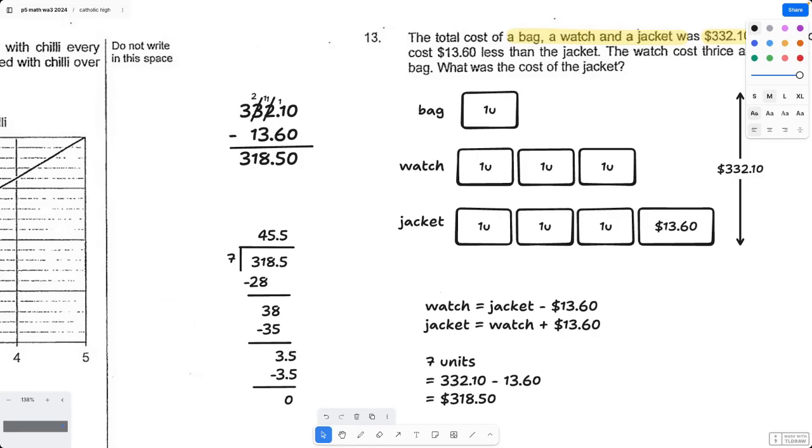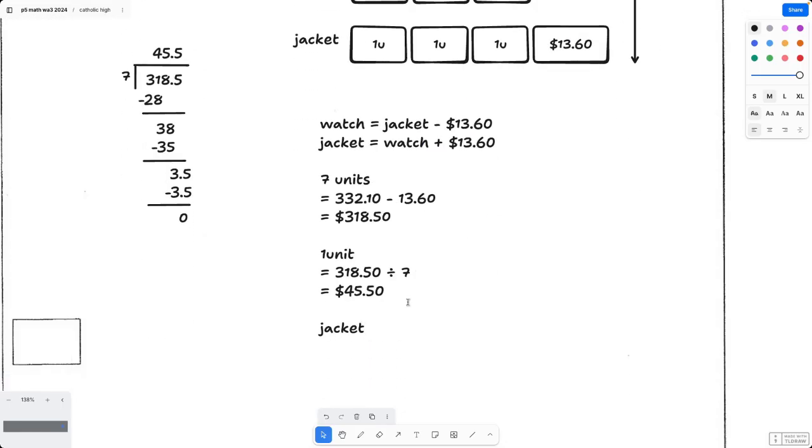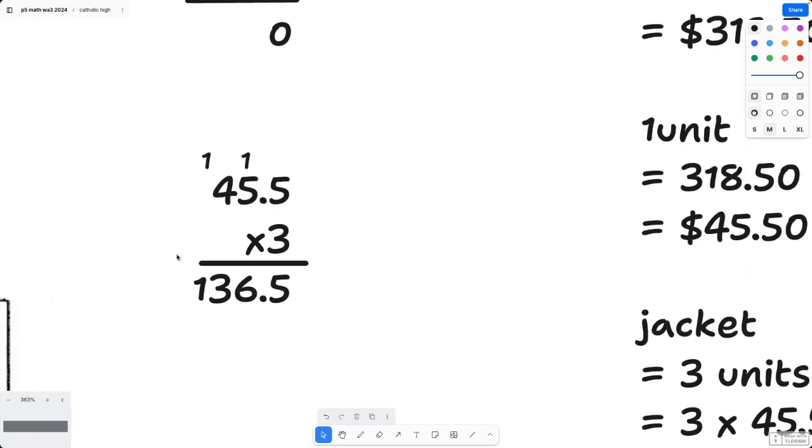Okay, so the next thing is the jacket. If you go and see the model, jacket has 3 units plus $13.60. So this will equal 3 units plus 13.60. So 3 times 45.50 plus 13.60. And then I'm going to show you the workings for 45.5 times 3.